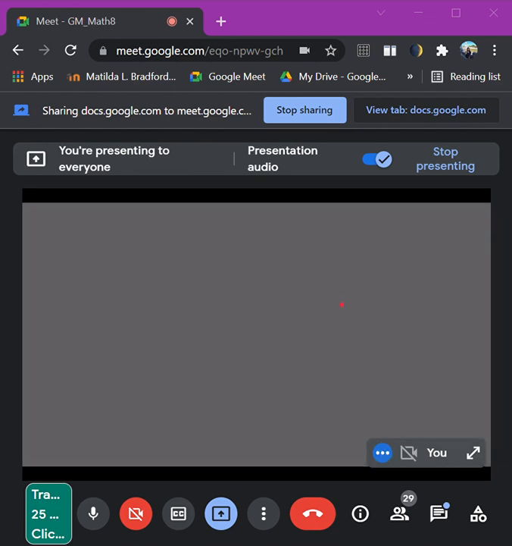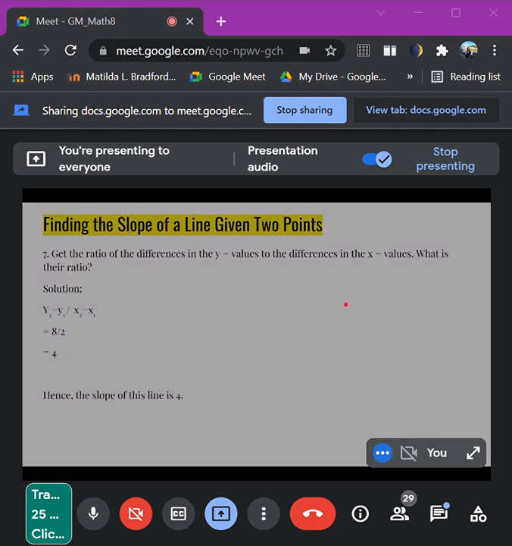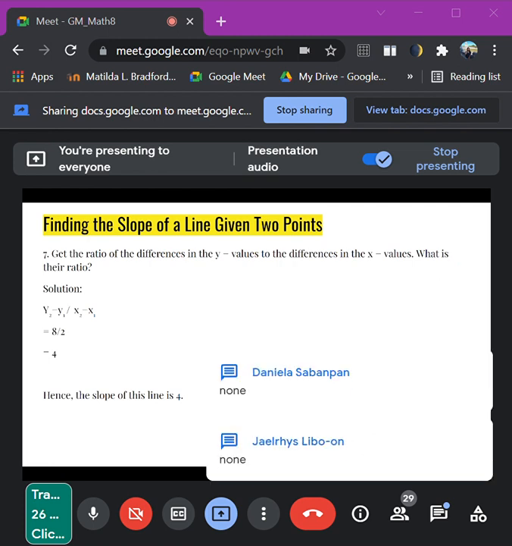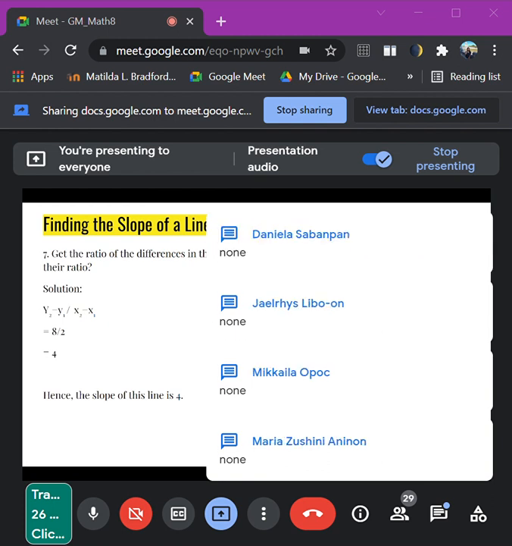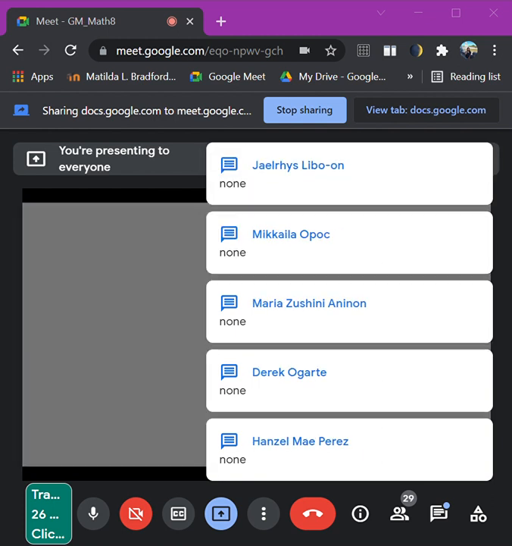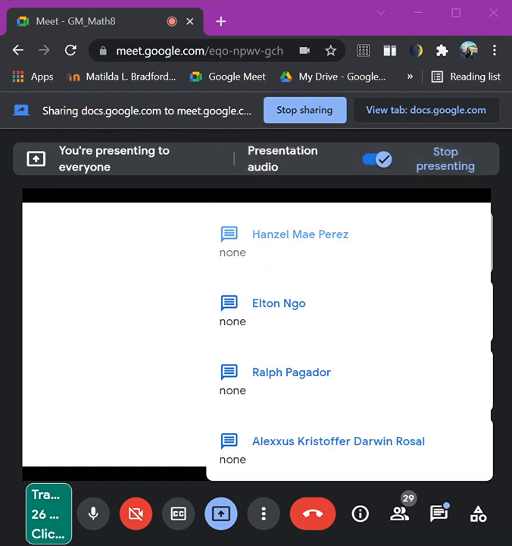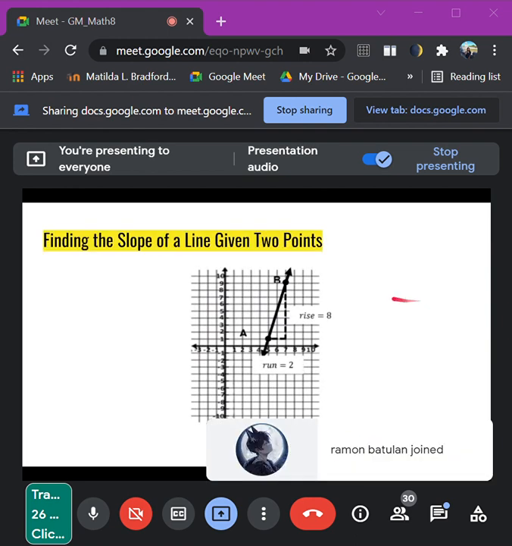Okay? So, questions so far, class? Questions? Okay, very good. If we're going to wrap up, finding a slope of a line given 2 points, mao ni ang graph, class.